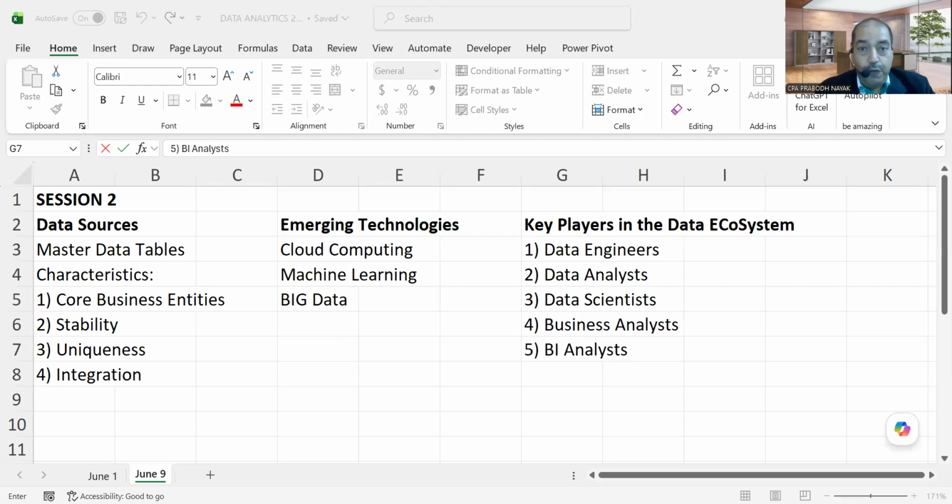Right? Storytelling skill. किसको आना चाहिए? Not a data engineer, data analyst.